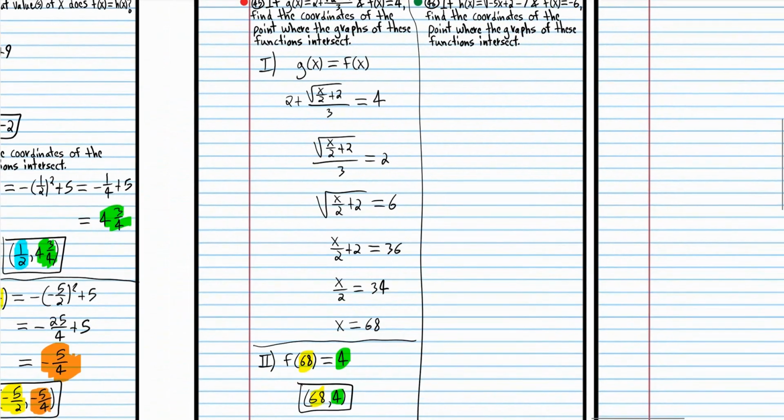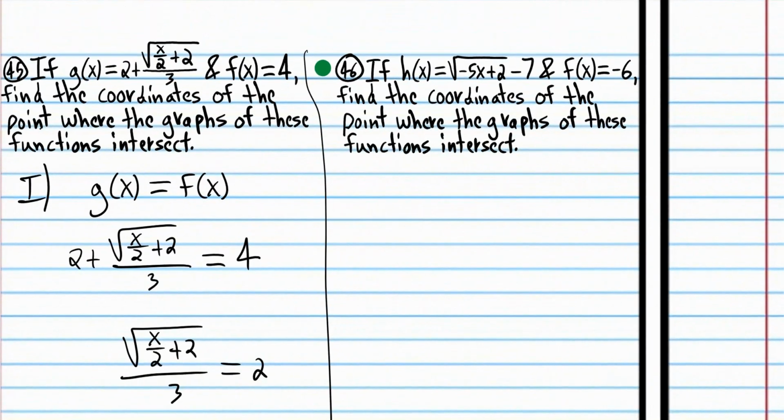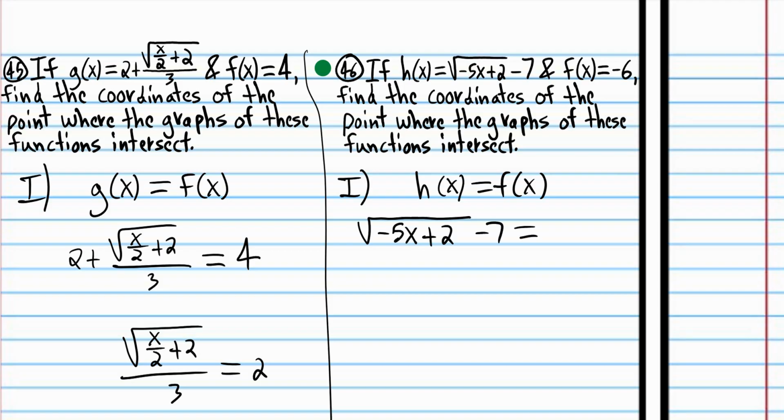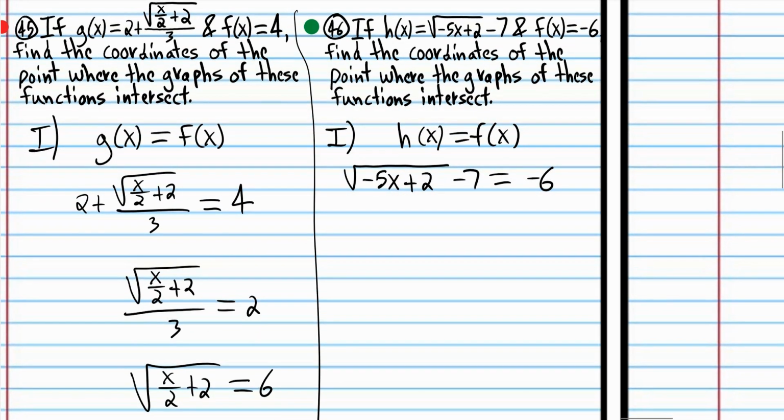Alright, we're back. So step 1 is to set h of x equal to f of x. So the square root of negative 5x plus 2 minus 7 is equal to negative 6. Now we just have to solve the equation and isolate the square root. So I'm going to add 7 to both sides.